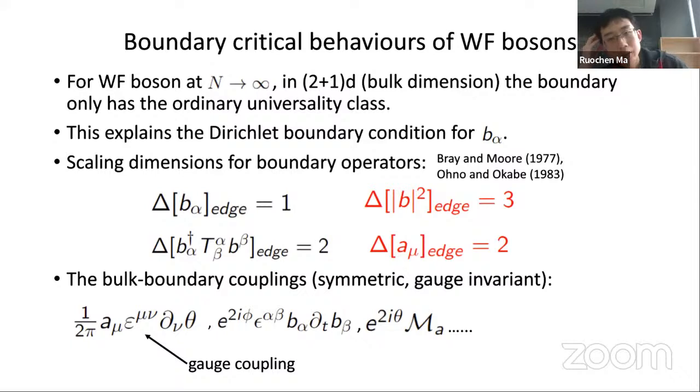But for finite N, if the boson has a Dirichlet boundary condition, then when N is large, if you consider the photon dynamics induced by the boson bubbles, then the gauge field should also pick the Dirichlet boundary condition at the edge. This is a dynamical consequence, not from some kinematic constraints.